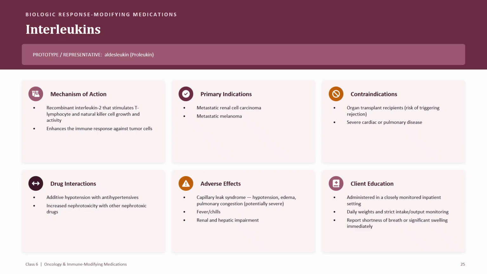And in a transplant patient, that's precisely the immune activity you've been trying to suppress to protect the graft. So giving this medication is basically telling the immune system to reject that transplanted organ.